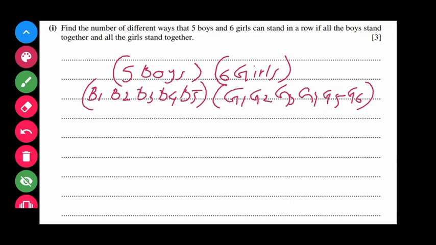So our question is find the number of different ways for this to happen. So just rewind, recall our previous classes and find out what can be done here.